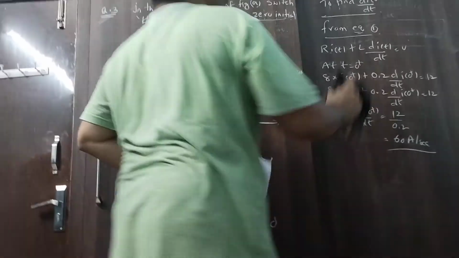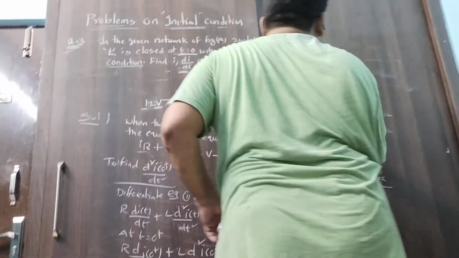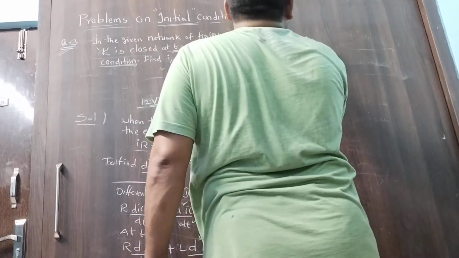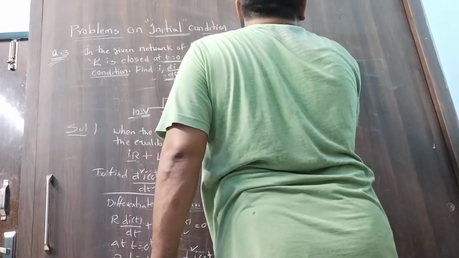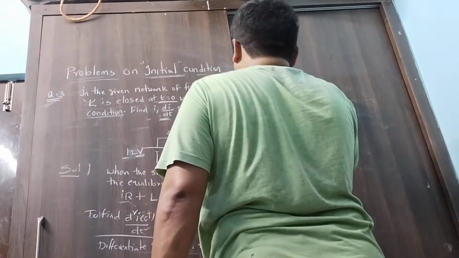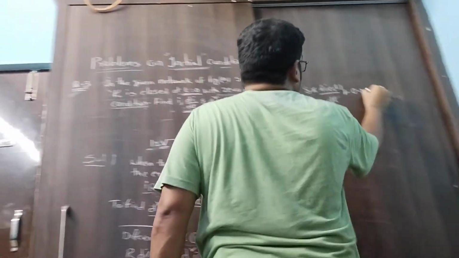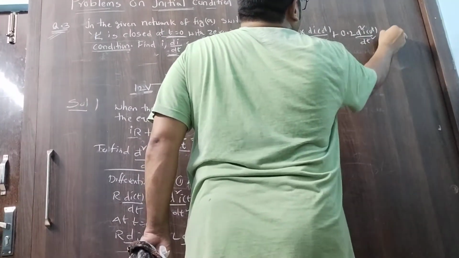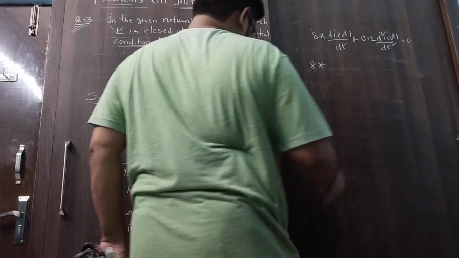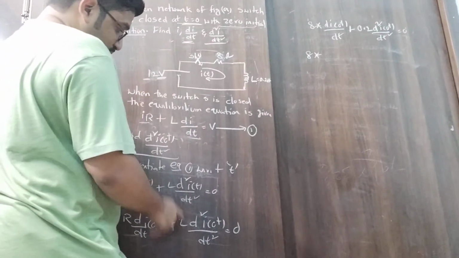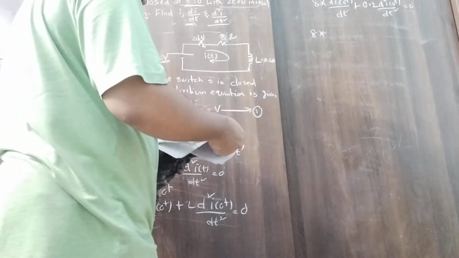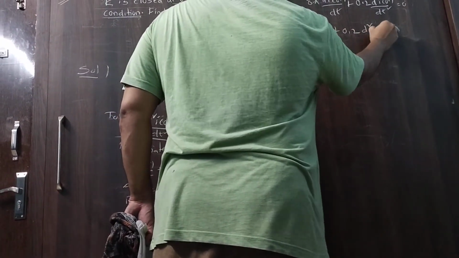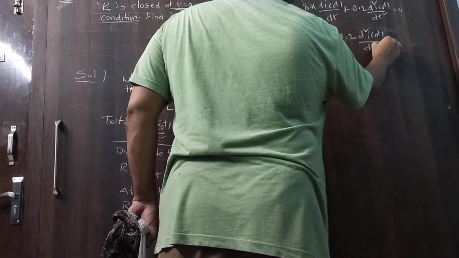Substituting the values, R is 8 multiplied with di of 0 plus divided by dt, plus L is 0.2 into d square I of 0 plus divided by dt square is equal to 0. The value of di divided by dt we just found is 60. So 8 multiplied with 60, plus 0.2 into d square I of 0 plus divided by dt square is equal to 0.